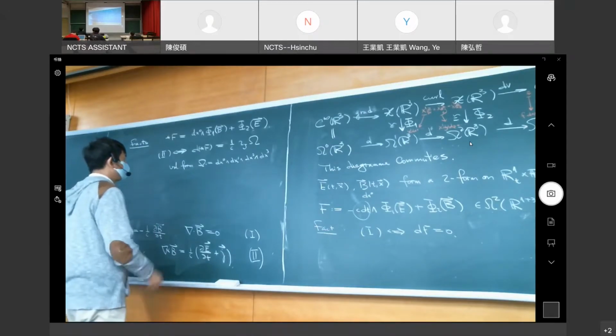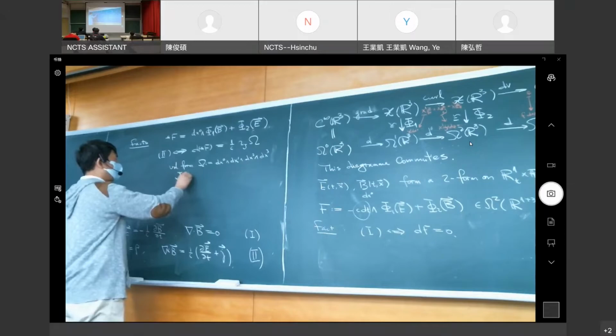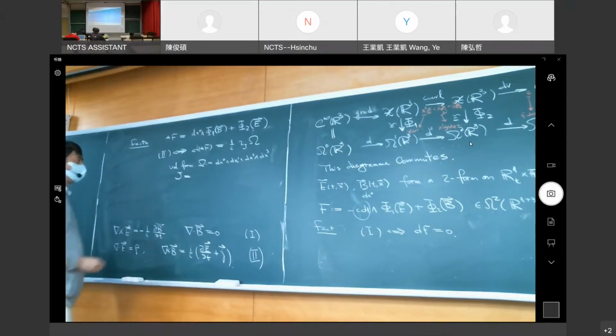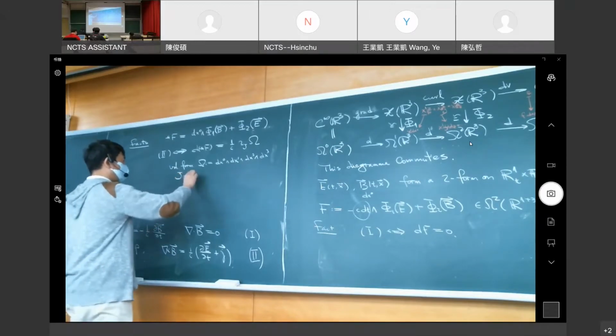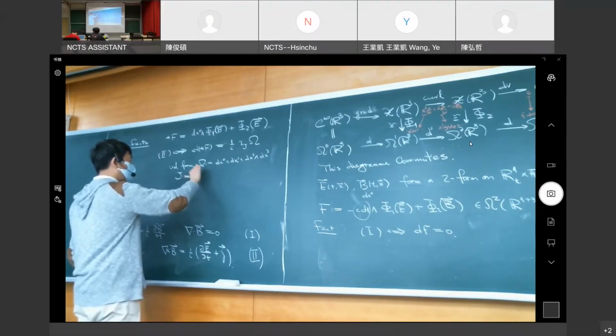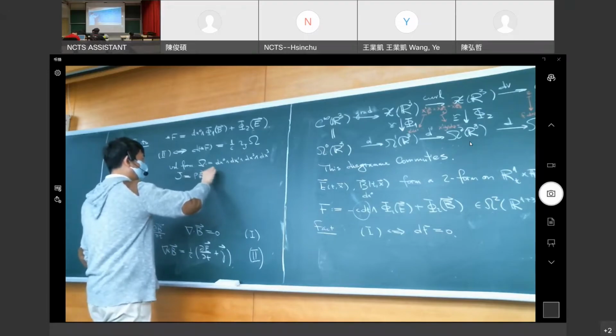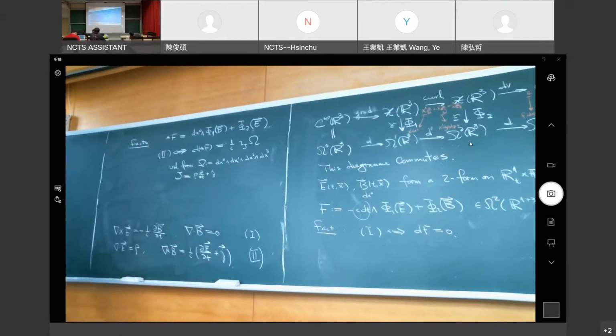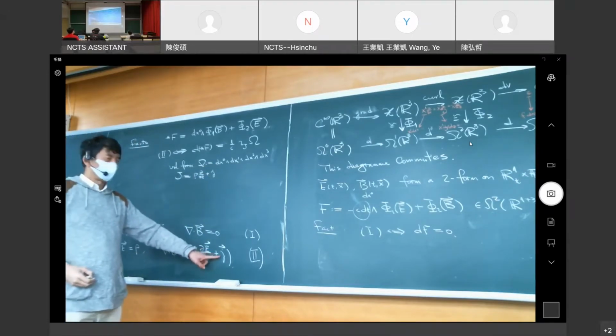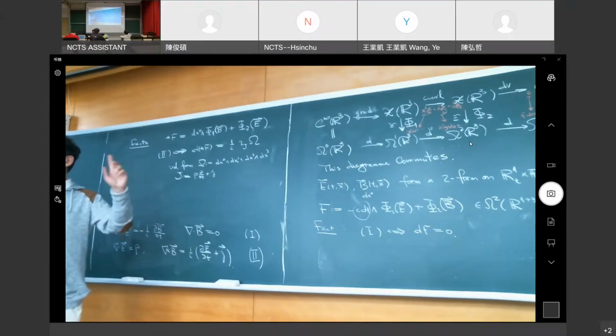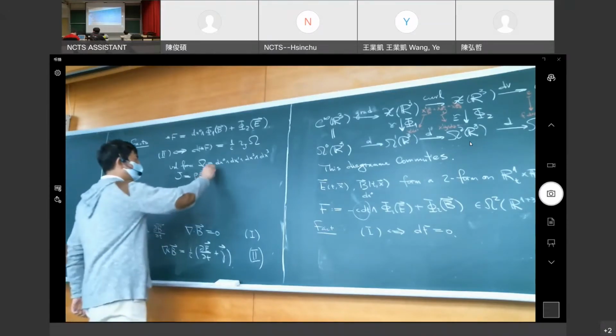Now, what is J? J is defined as rho d/dt plus the electric current, which is a 3-vector. It has 3 components.